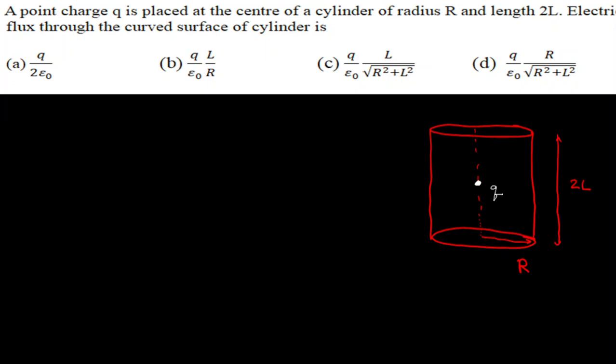Okay. So when you place this point charge inside the cylinder, what will happen? This point charge will create an electric field, and we can draw electric field lines like this way, this way.